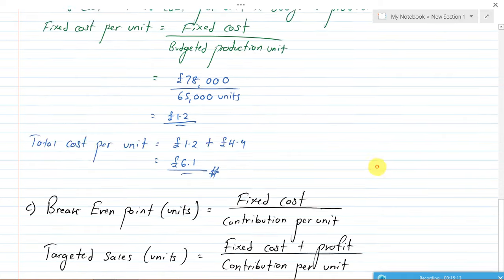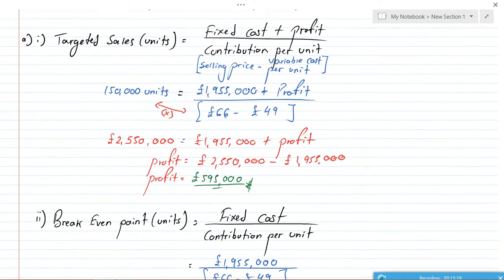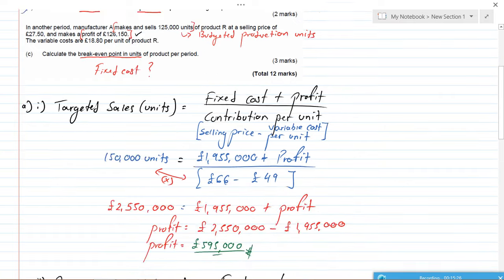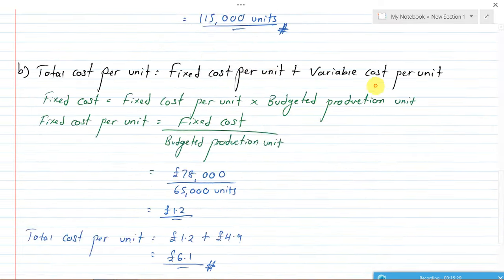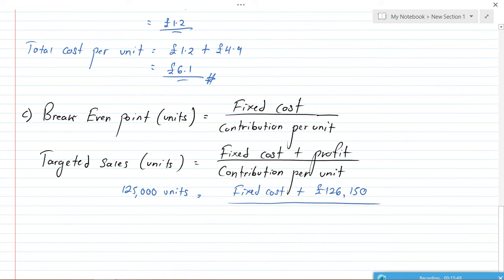So therefore, over here, they gave you the what? 125,000 as your sales, and profit is what? 126,150. So over here is 125,000 units equivalent to what? Fixed cost we have to find plus 126,150. You have it over there, it's already been given. So contribution per unit is going to be what?